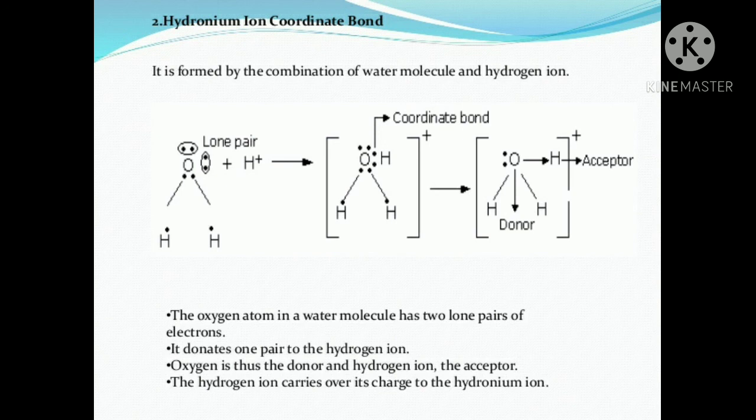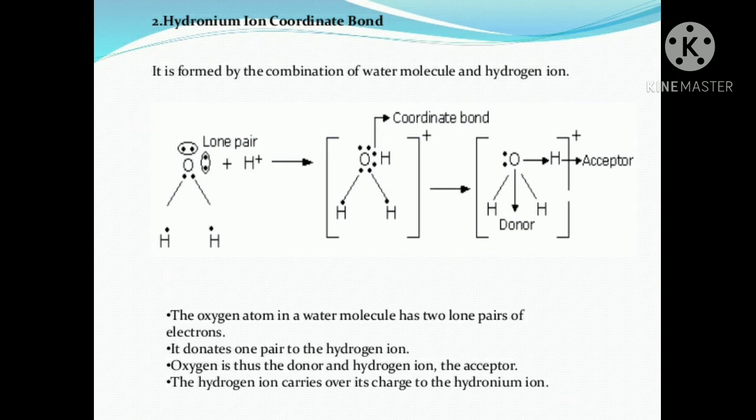Here we can see the structure of a water molecule where the oxygen atom has two lone pairs of electrons. A proton released from the acid adds on to the lone pair of electrons of the oxygen atom of the water molecule, as the oxygen atom in water has a slight negative charge.